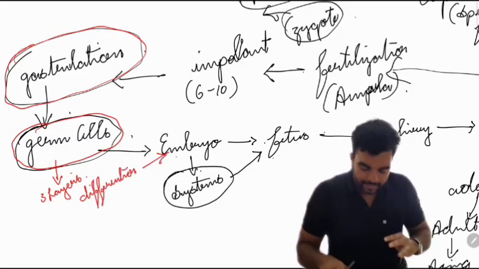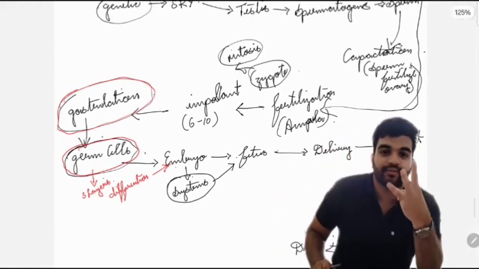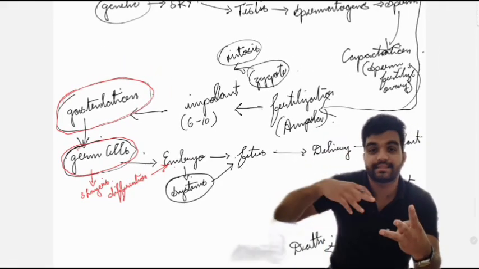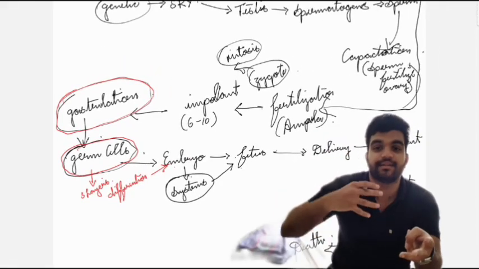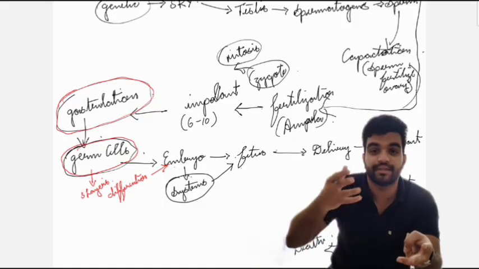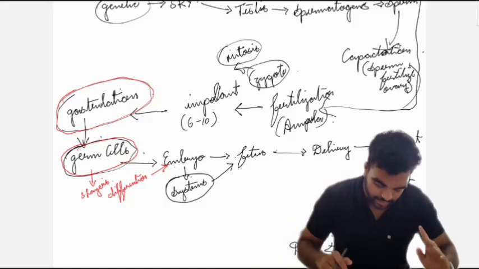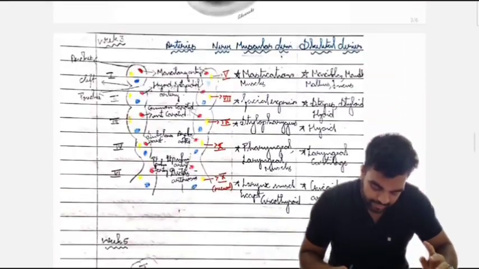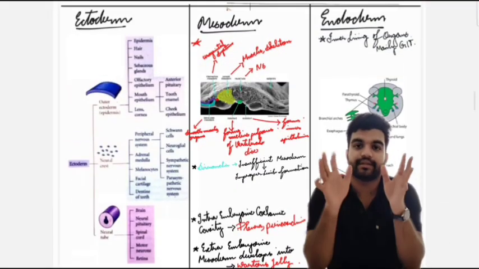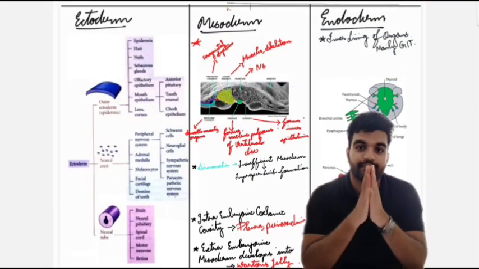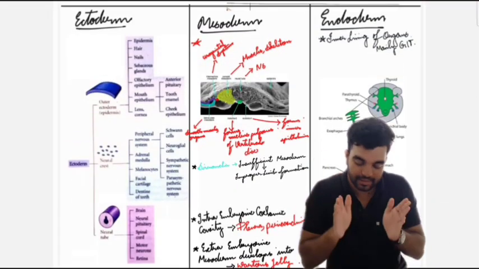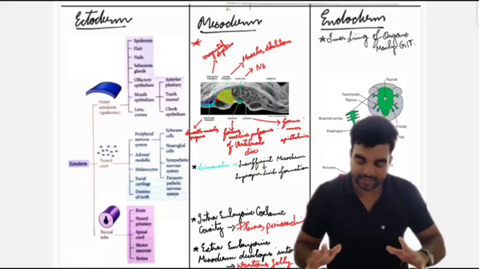Now that we have discussed the three layers formed during gastrulation, let us discuss what those three layers will differentiate into. This is very important, because in competitive exams you are definitely going to get questions from this chart.